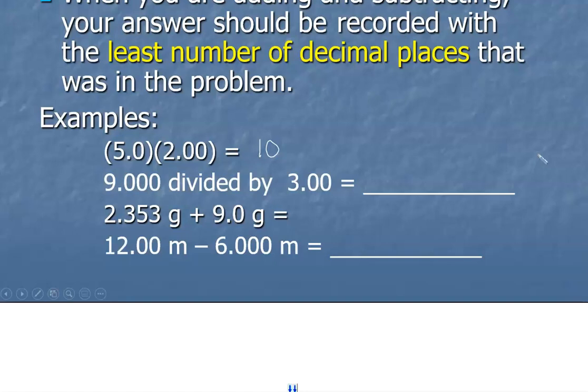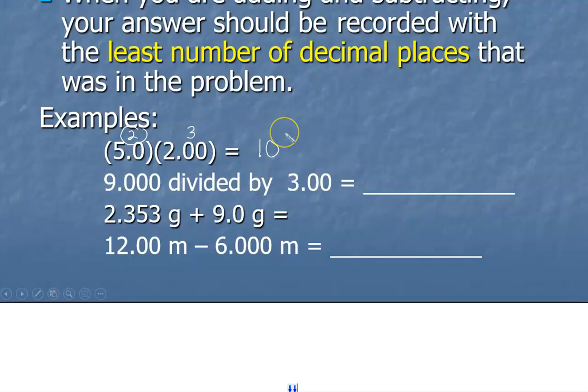Again, we are multiplying in this case, so we want to round our answer so that it matches the original problem to the least amount of significant digits. So for instance, this one has 2 significant digits. That's a trailing 0. There is a decimal there. This one has 3 significant digits. So we want our answer to match the one with the least amount of certainty, which is 2.